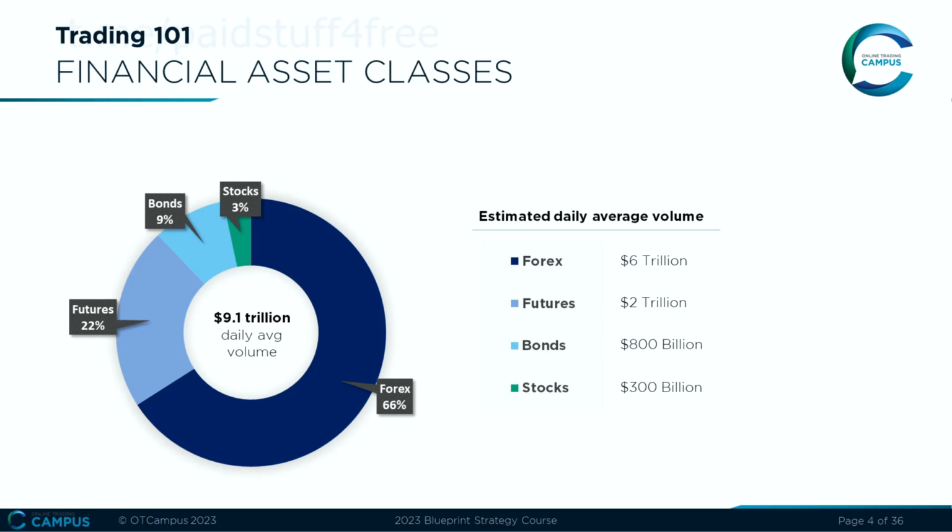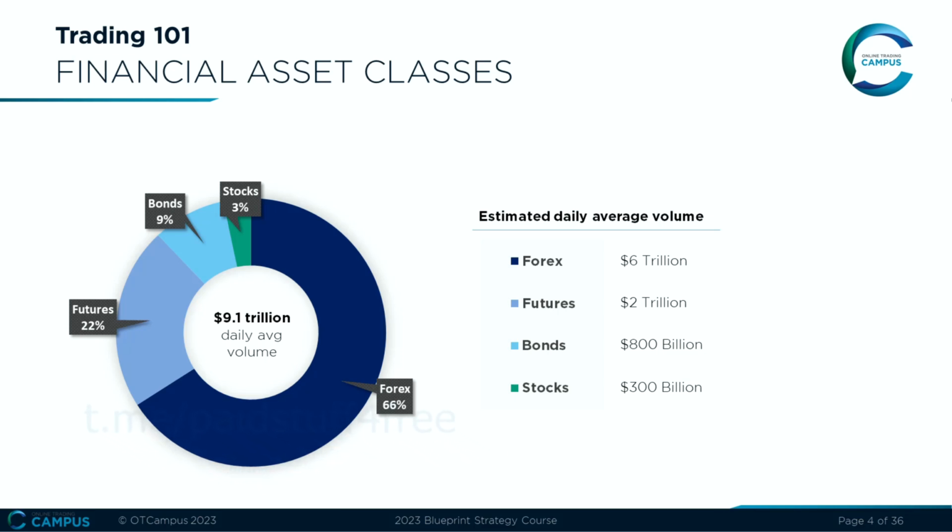That's at the third place in terms of average traded volume. Here it's estimated that the daily traded volume is around 700 to 800 billion US dollars, and that would include both government bonds and corporate bonds, and all bond markets around the world.